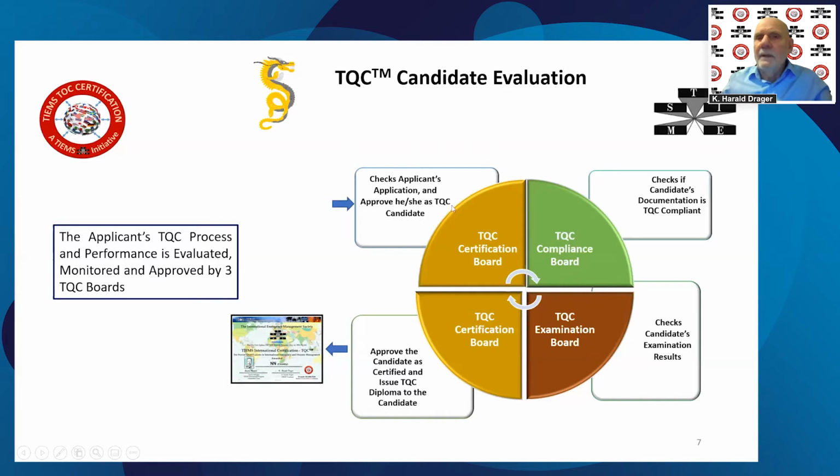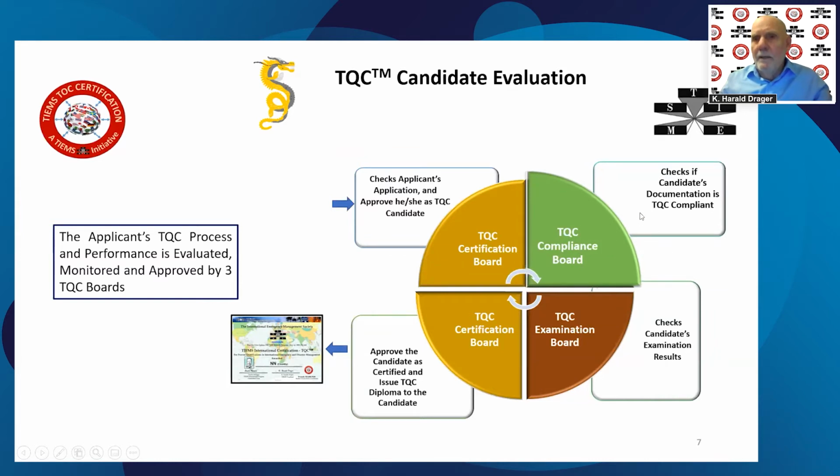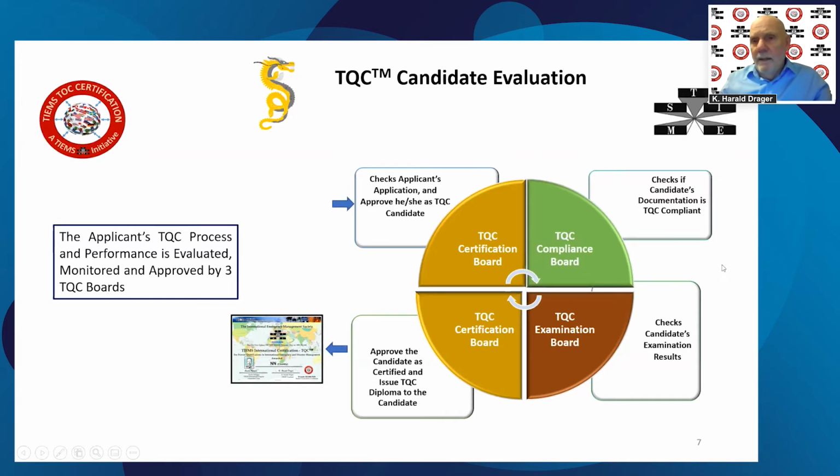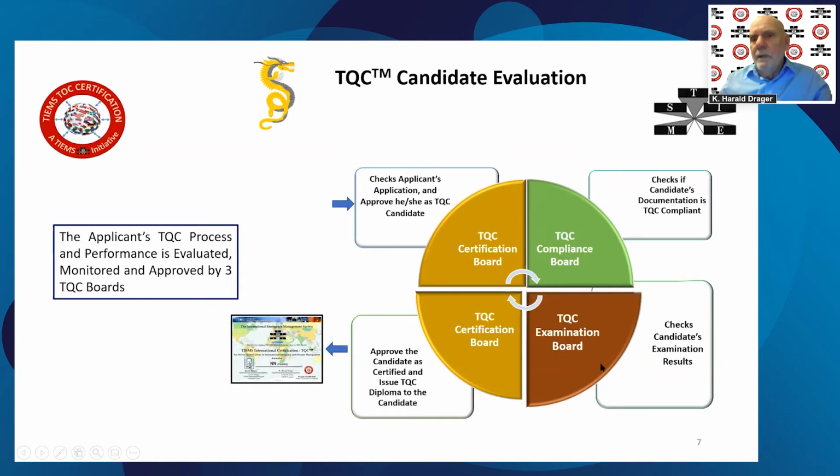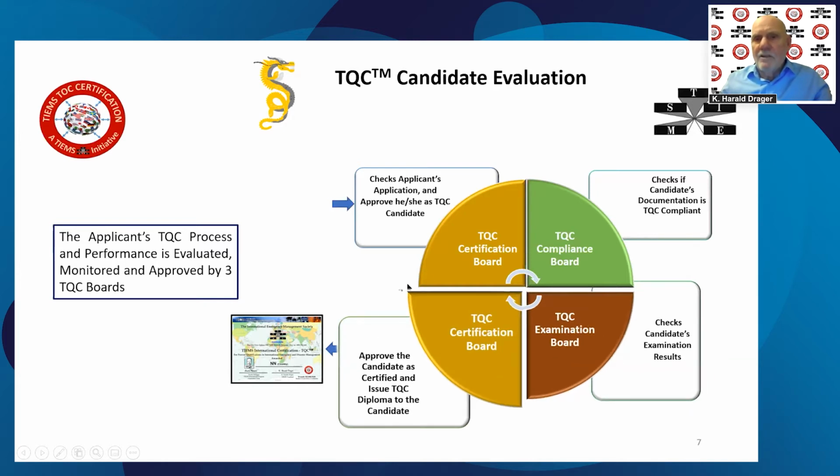If he is found competent and experienced to be certified, he or she will be asked to upload background documentation, and this documentation will be evaluated by the TQC Compliance Board to find if he is compliant, and then sent over to the TQC Examination Board, who together with the candidate sets up the examination. And passing the examination, he will be approved as certified and get his or her diploma.